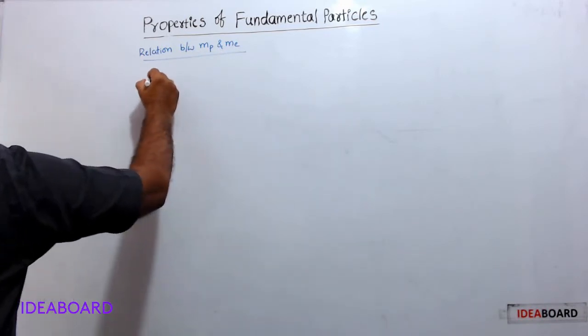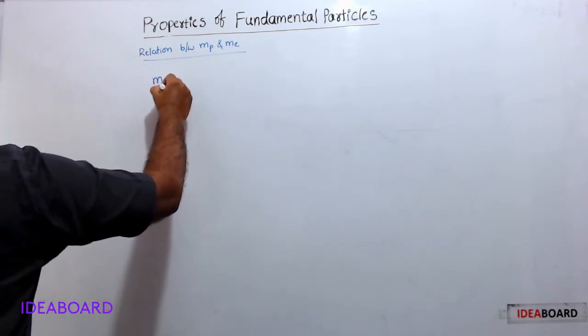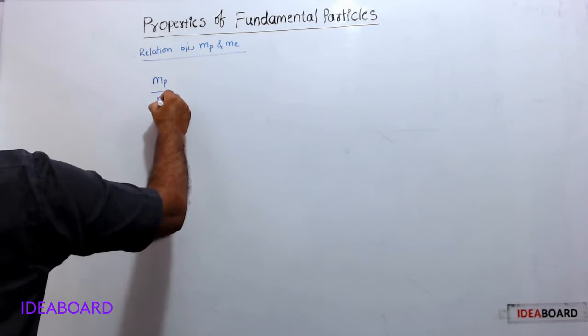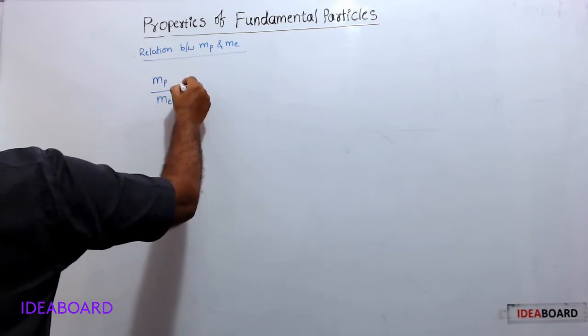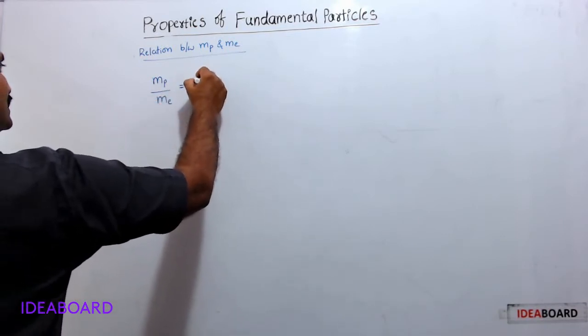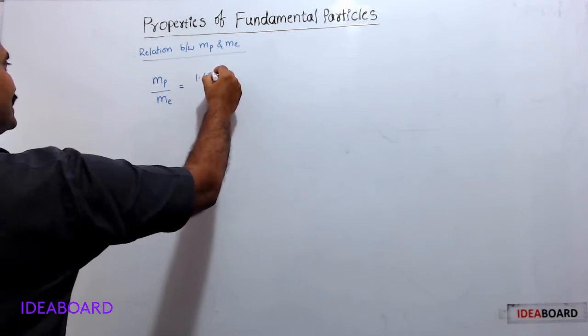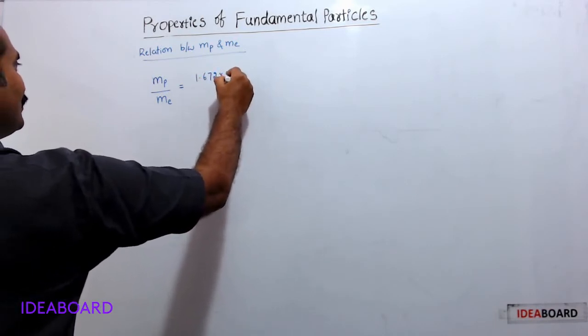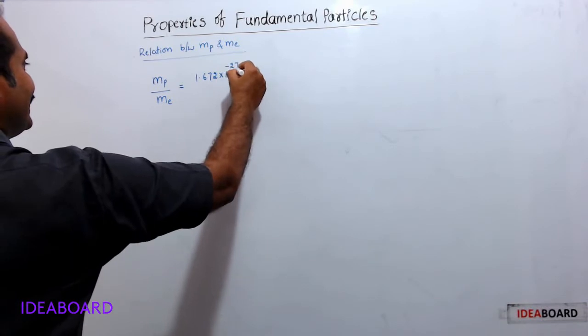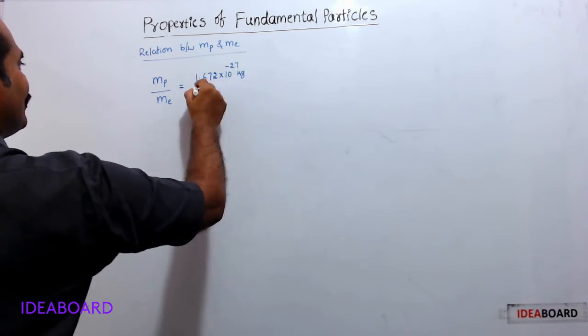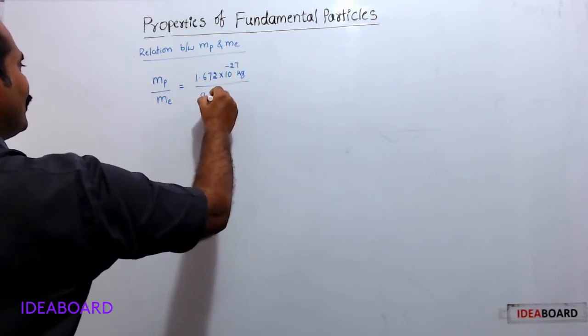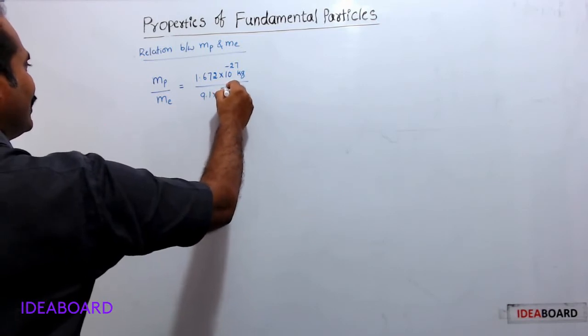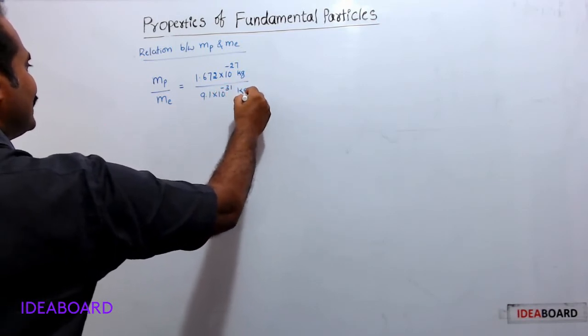Okay, here, mass of proton divided by mass of electron. From the table, mass of proton is 1.672 into 10 power minus 27 kilograms. Mass of electron is 9.1 into 10 power minus 31 kilograms.